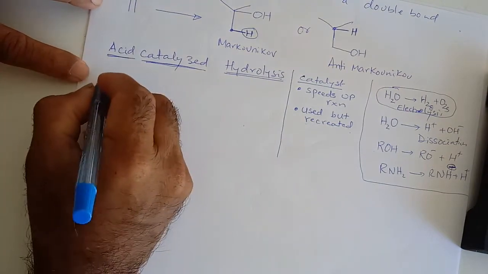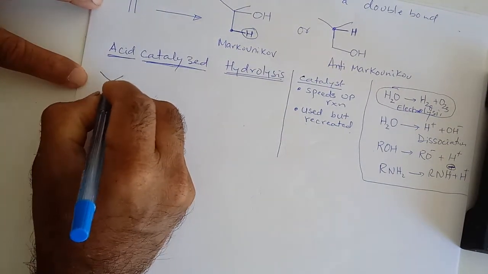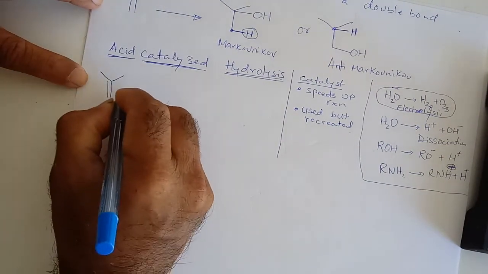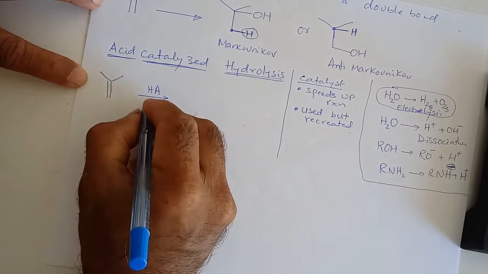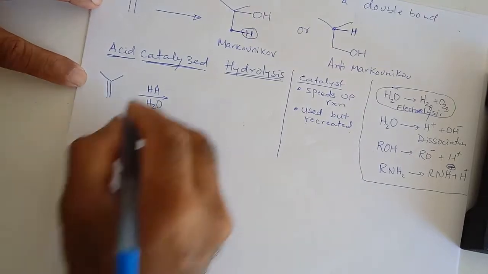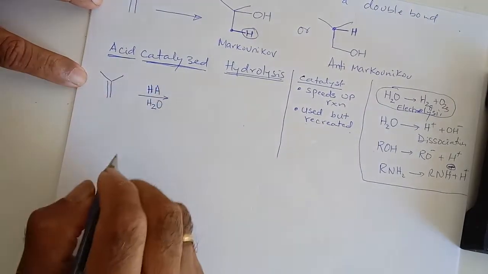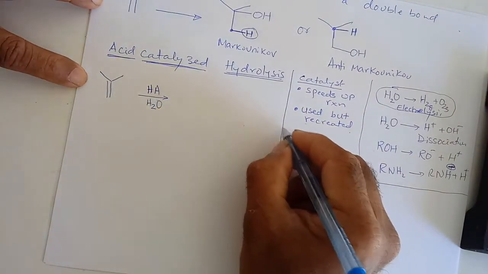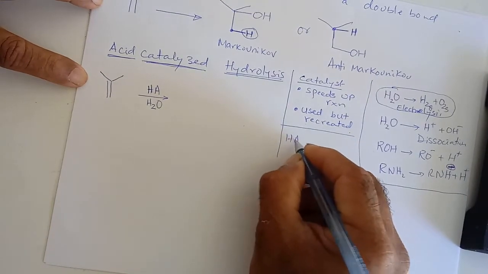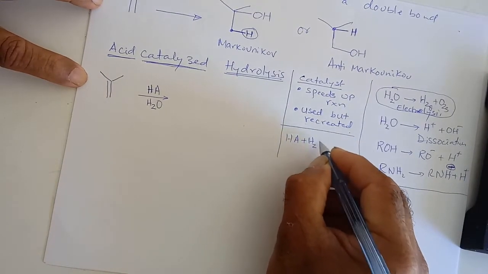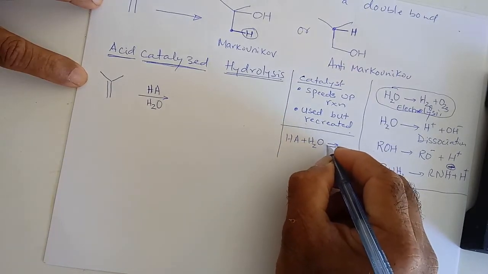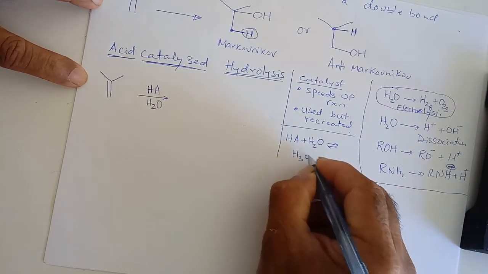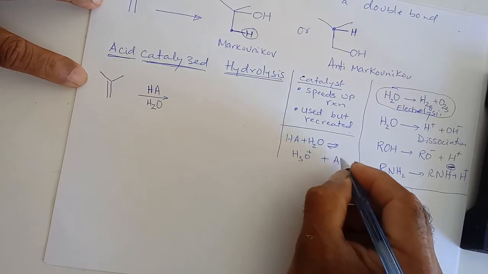Okay, so if we take an HA in water, depending on what acid we are talking about, depending on the strength, it can have an equilibrium of H3O plus plus A minus.